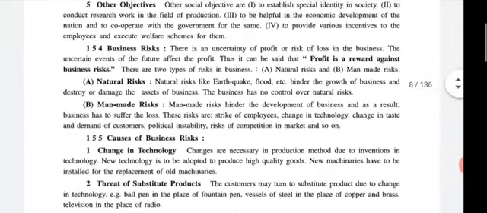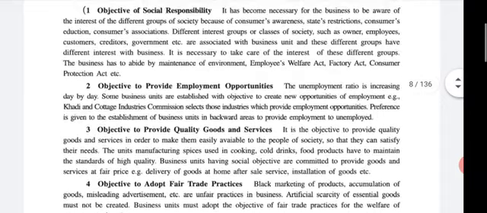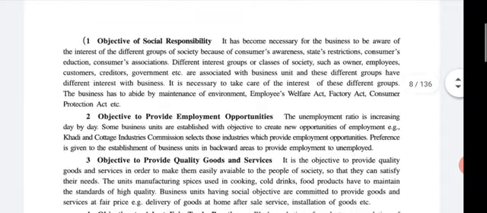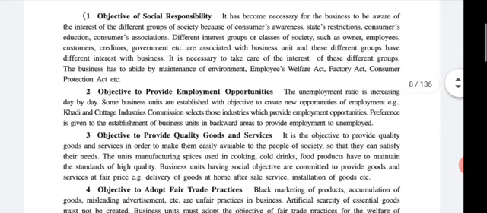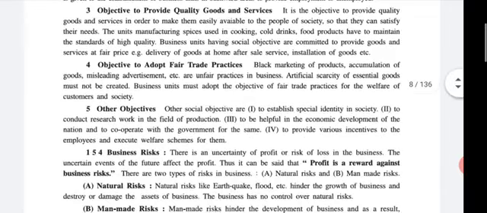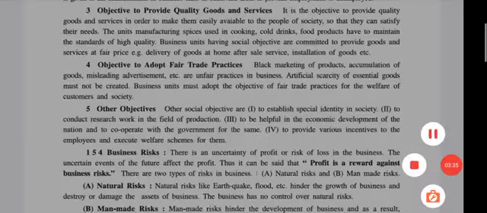And then the social objectives of business. A total of 5 objectives are included in social objectives, related to social responsibilities: provide employment opportunities, provide quality and good service, adopt fair trade practices, and other objectives.